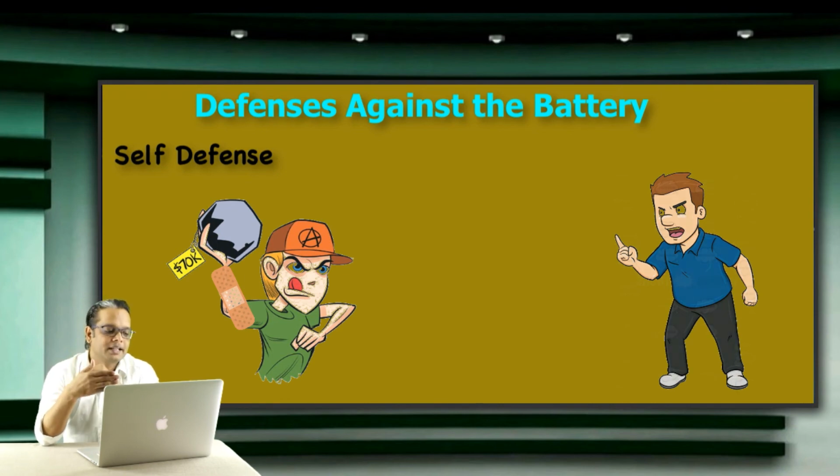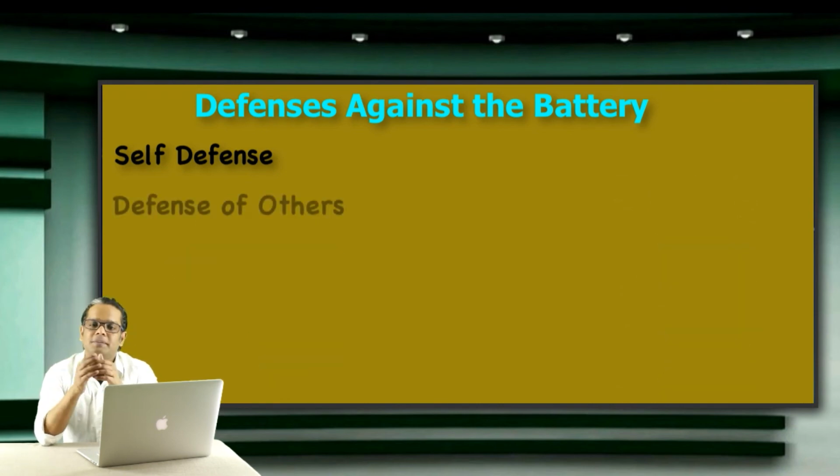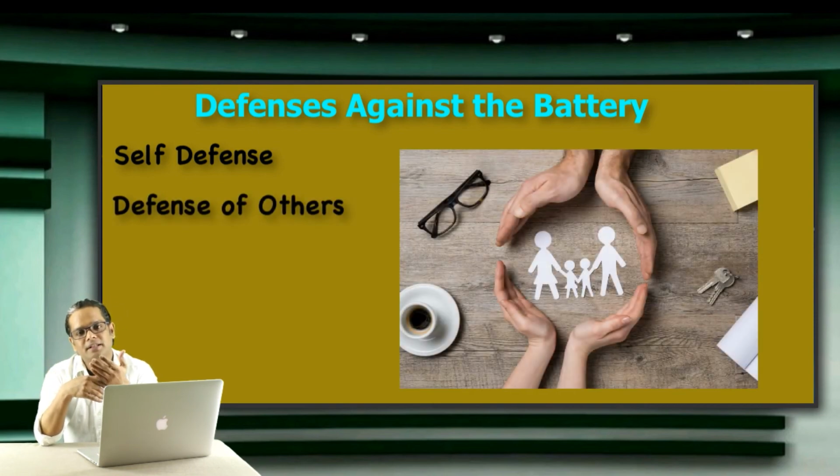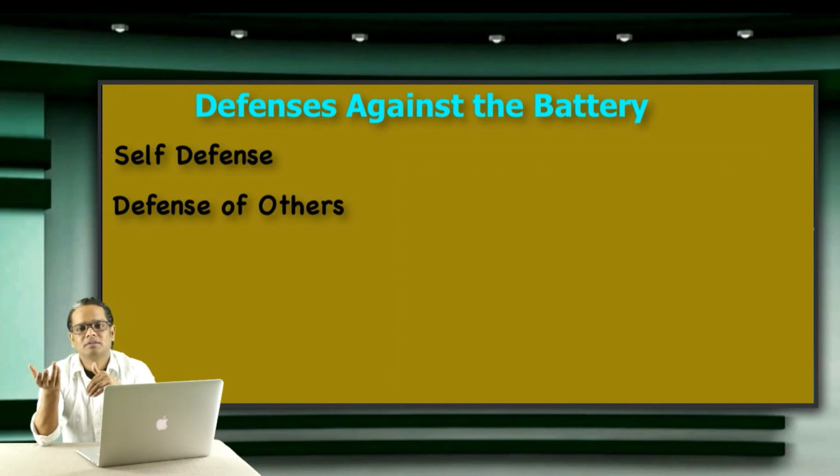Secondly, defense of others. Maybe you are protecting your relatives, your friends, or even a stranger. It's not always a relative; you can also protect a stranger. So while protecting him or her, if you hit someone, then it is again excusable.